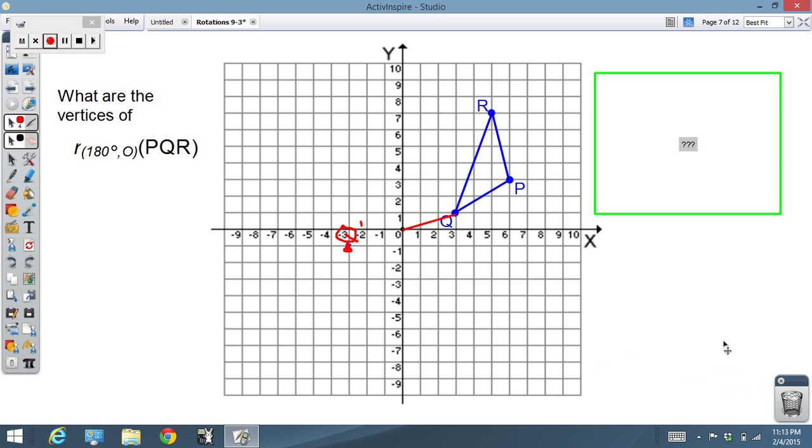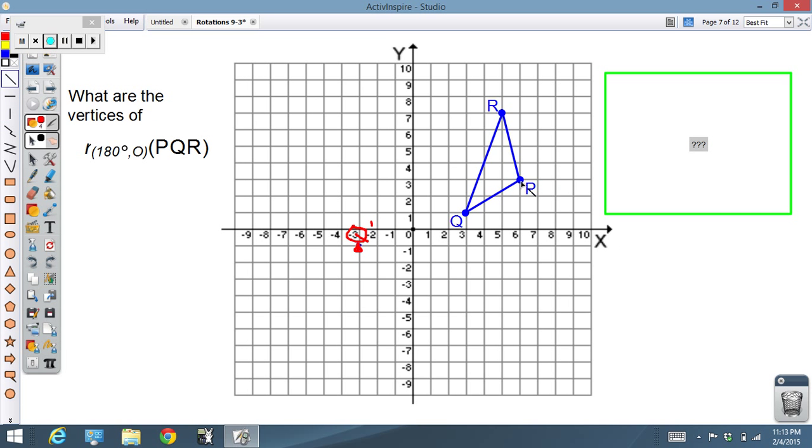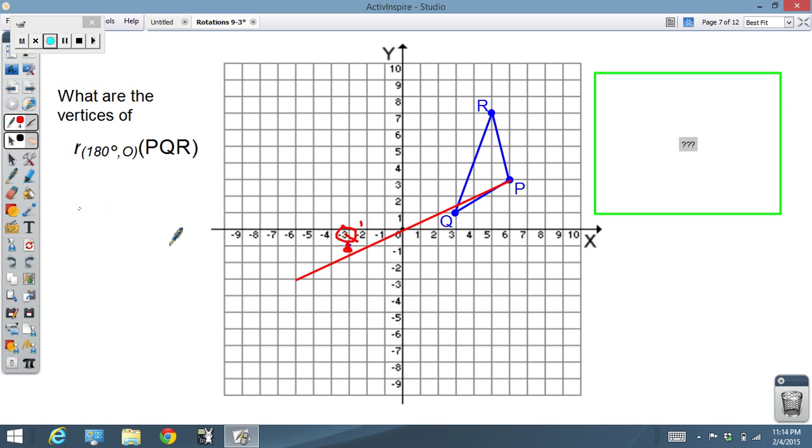And we can do the same thing again for P. 3 and 6. That one will end up right there. P prime.